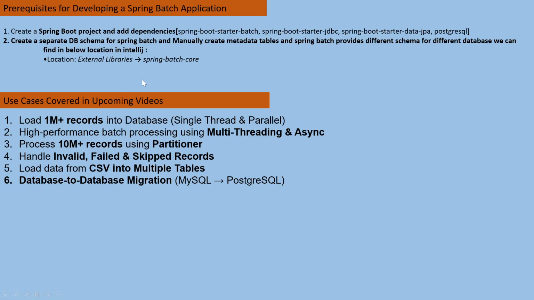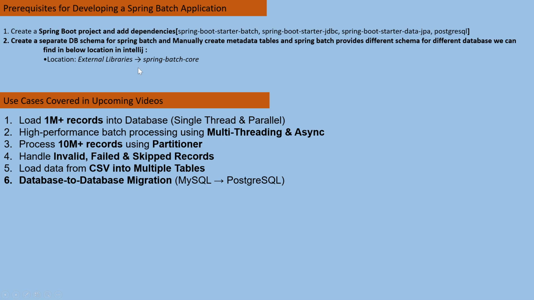Before we move to our example, let's understand the basic things we need. We will create a Spring Boot project and add dependencies like Spring Boot starter batch, Spring Boot starter jdbc, Spring Boot starter data jpa, and postgresql. And one more important point: create a separate db schema in our application.